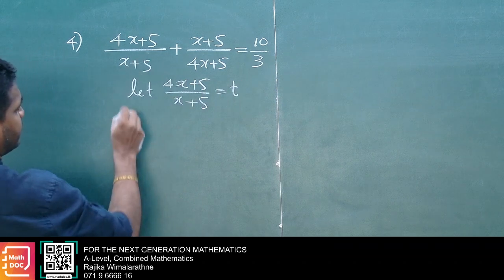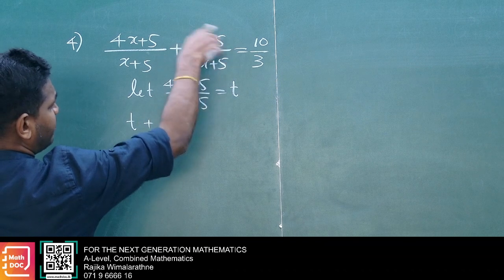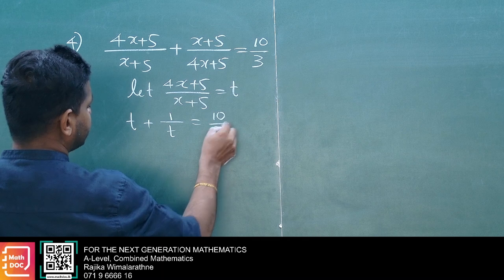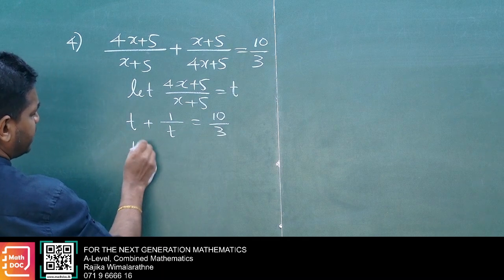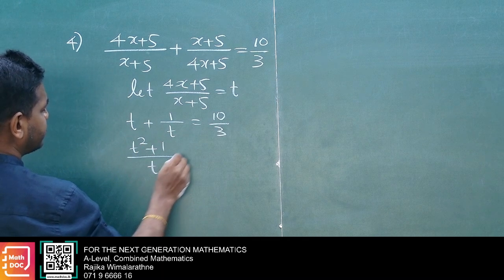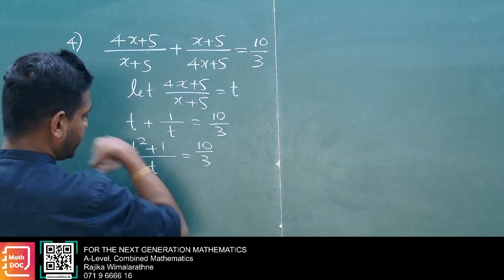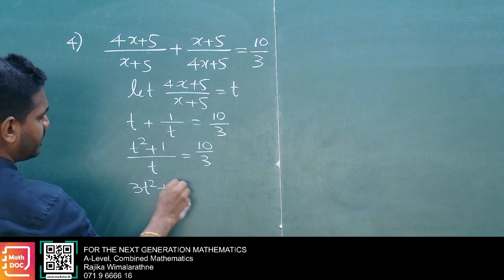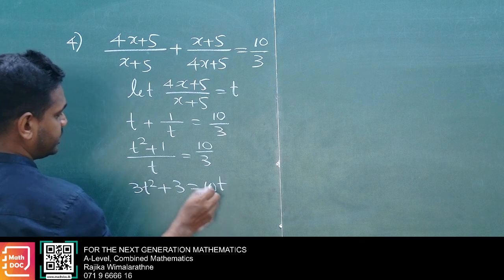Here t. Then this will be 1/t, the reciprocal, no? Equals 10/3. Then get a common denominator: (t square + 1)/t = 10/3, then cross multiply: 3t square + 3 = 10t.